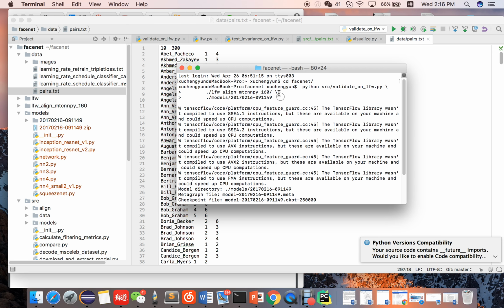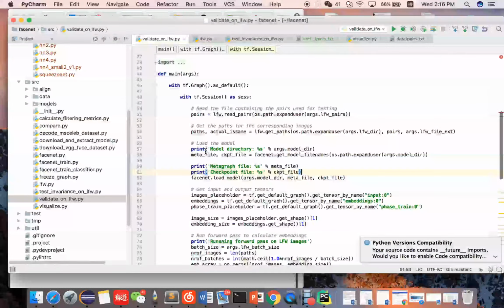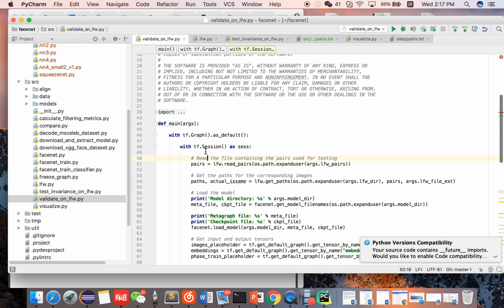I trained this model in advance, so I can use it in this part. The validate on LFW part is here. It can help us calculate the validation rate and error rate.